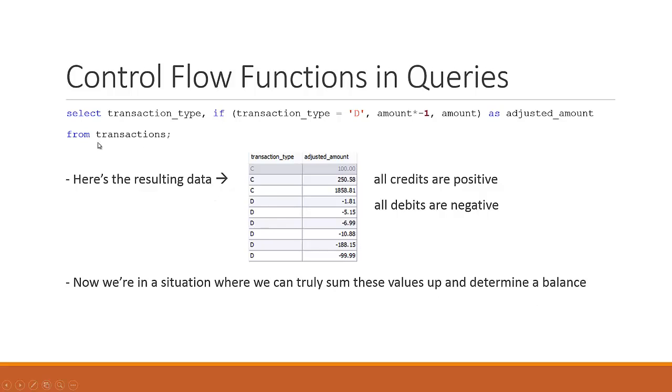We can say select transaction type, comma, and then if transaction type equals D, amount times -1, amount, as adjusted amount.